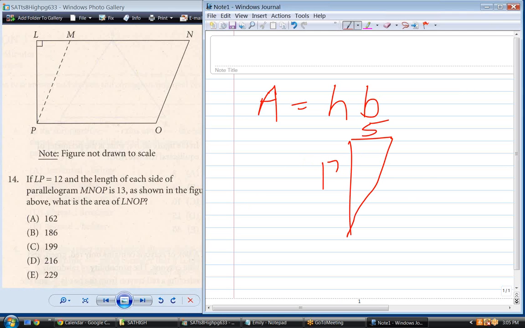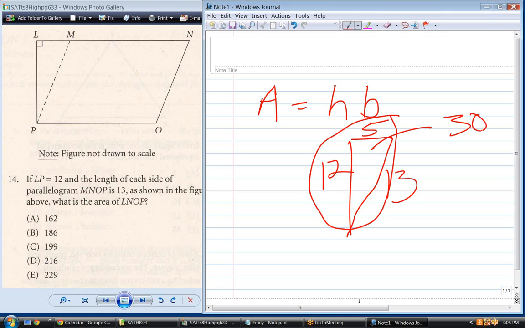Then you'd add 5 times 7.5 to the 12 times 13. Where are you getting 7.5? Base times 1/2 the height. Well, the height is 12. So the area of that little triangle should be 30.